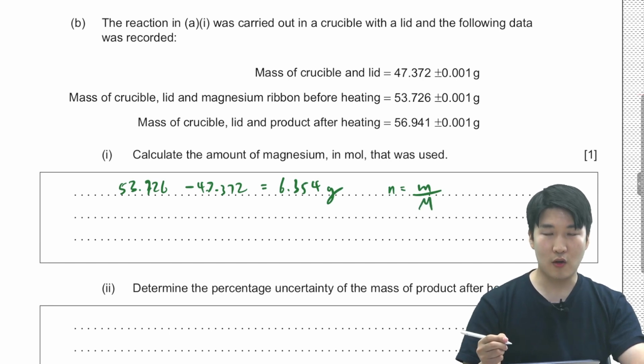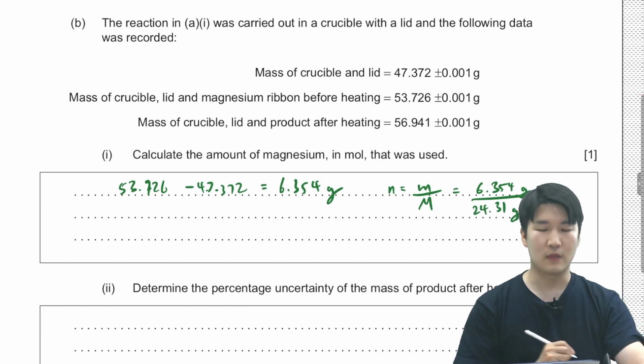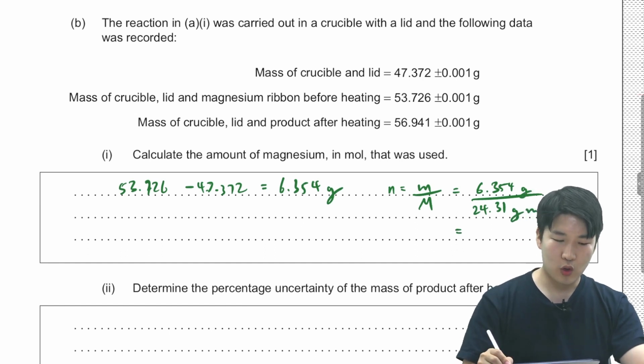What's the molar mass of magnesium? It's going to be 24.31 grams per mole. Do the math and we'll be given 0.2614 mole.